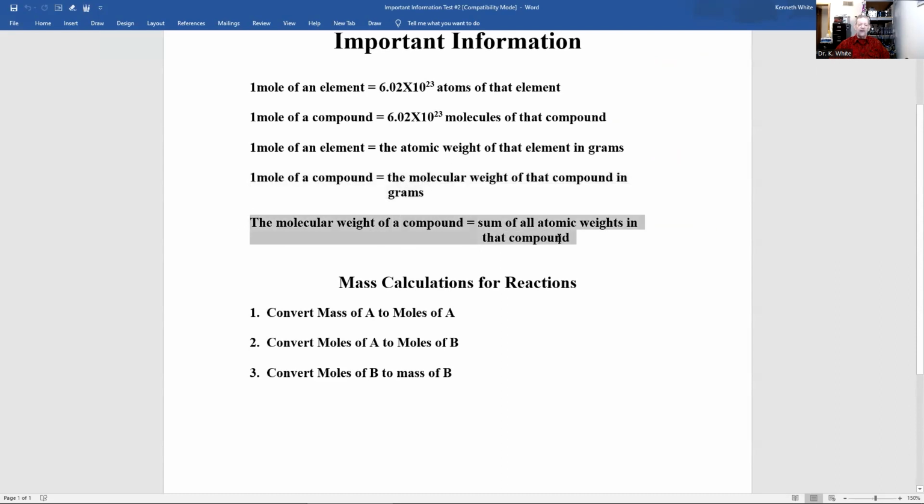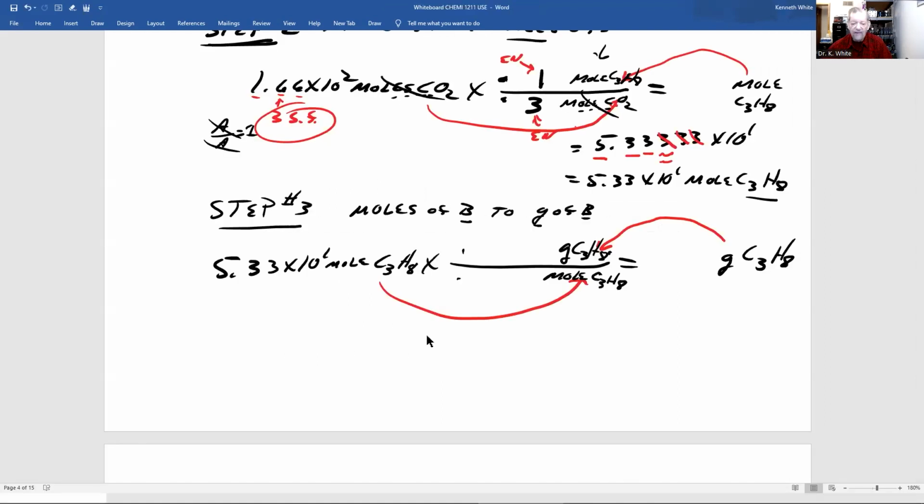And the molecular weight is the sum of all atomic weights. So what does that mean? It means 1 mole of a compound equals the molecular weight, MW. Well, we need the molecular weight of propane.